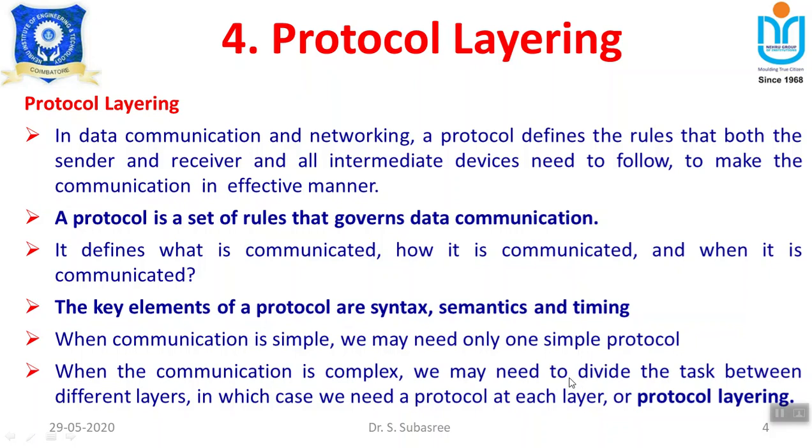Like that, if the communication is complex, then we need to use different layers, and different layers must have different protocols. That is called protocol layering. The arrangement of protocols and different layers is called protocol layering. The protocol layering is also called a protocol stack.